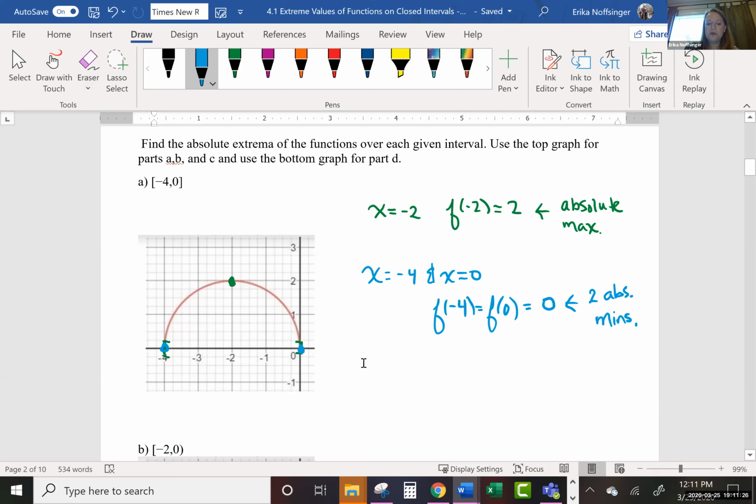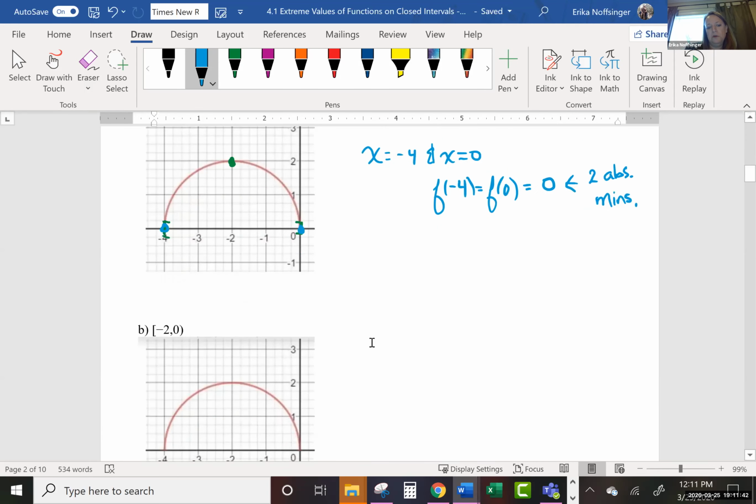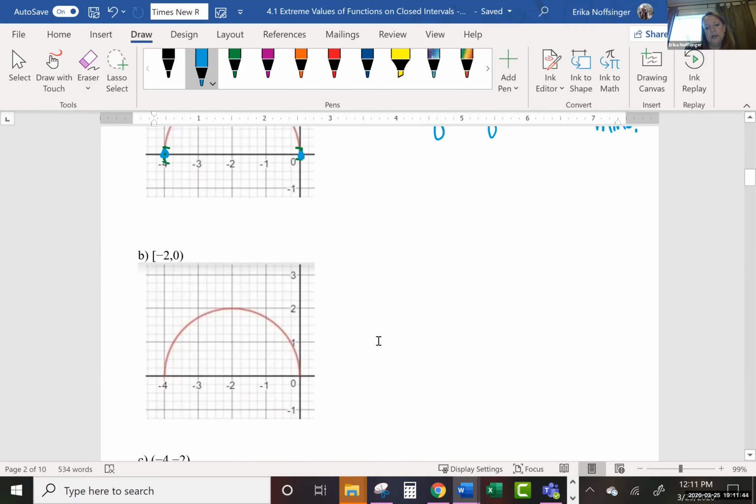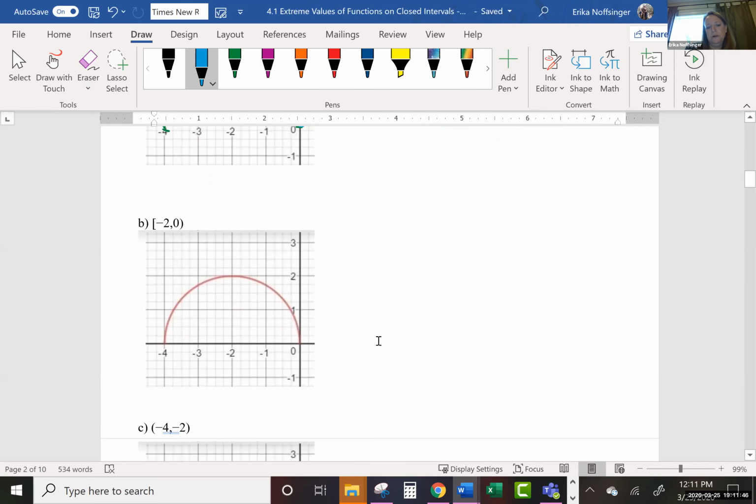Okay, so that one was okay. Notice that those bounds on that interval were closed, so I was including -4 and 0. If we go to the next example, same thing, but now we're looking at the interval from x equals -2, including it, to 0, but not including 0.